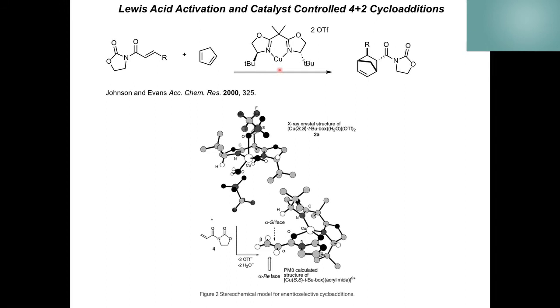They can actually be used as a way to bring together these components and provide a chiral environment for the bond forming processes. And that's exactly what copper(II) serves as here. It's more or less serving as an exceptionally useful Lewis acid, and it brings along with it this chirality.